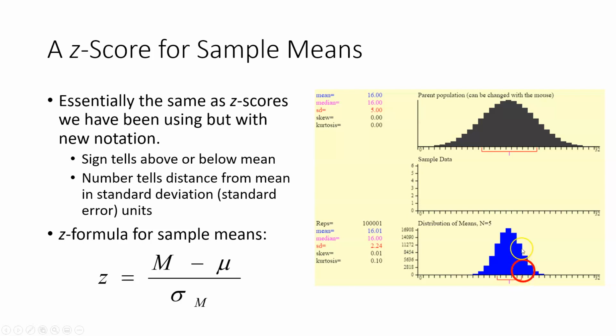If this is a z of 1 right here, and this is a z of 2 right here, this sample mean probably has a z of like 1.25 or something like that. And that would indicate to us that the interpretation of the z for a sample mean in a sampling distribution is the same as the interpretation of a z-score within a population.